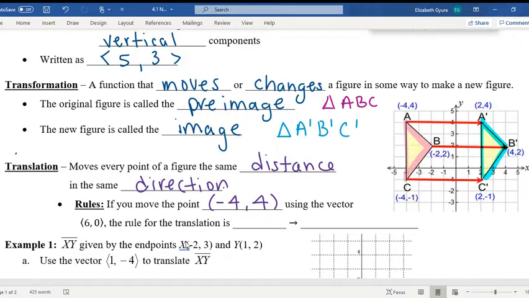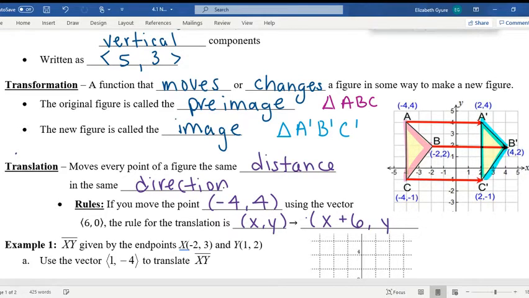How you would write this as a rule is you would do x comma y. That says you're taking a point, any generic point, x comma y, and then an arrow. The arrow is literally like you're moving it, right? And then what you do, if I'm taking a point and I'm moving it right 6, aren't I technically just adding 6? So it literally just becomes x plus 6, comma, y.